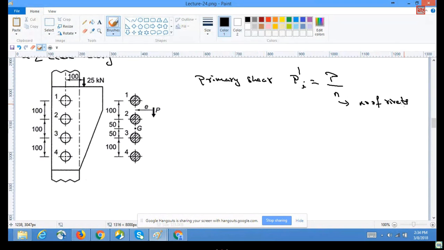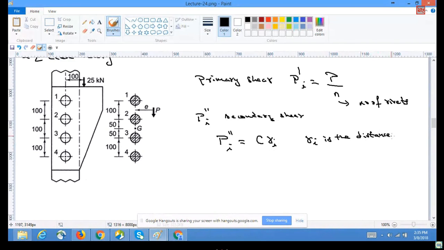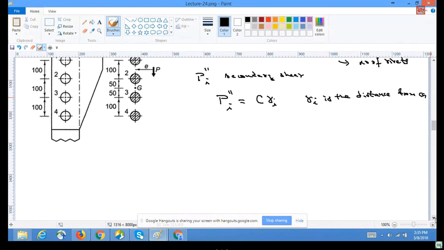The secondary shear Pi double dash is equal to, and such that Ri is the distance from CG, such that the secondary shear will balance the moment coming from this eccentricity.